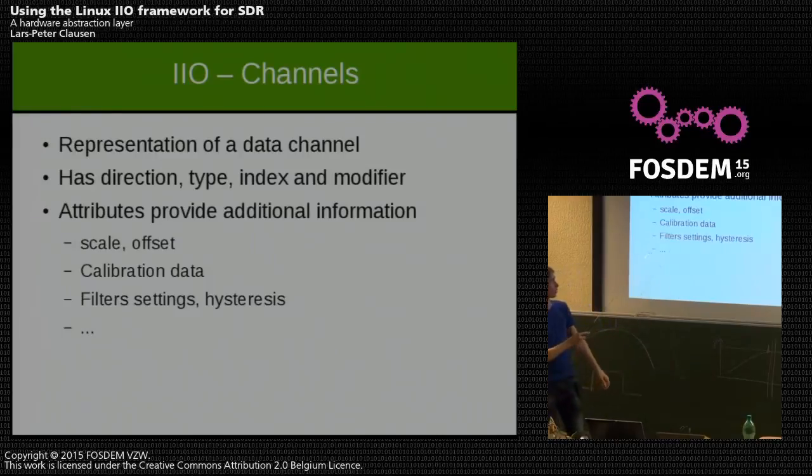Again, attributes. There are a couple of standardized attributes, for example, scale and offset. The type also specifies the unit in which the data coming through the data channel is in. For new channel types, we typically try to use SI units.